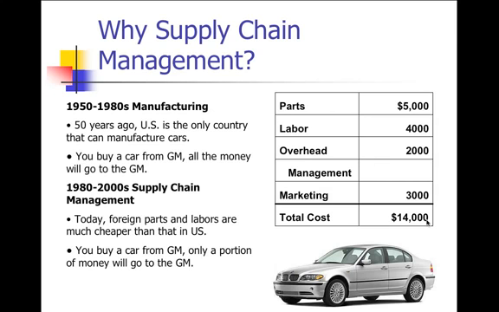The engine's coming from somewhere. The body pieces are coming from somewhere. So we can take a big, expensive, time-consuming process and make it shorter and cheaper and spread the wealth. So the concept of who owns the car: the person you're buying it from doesn't necessarily own what they're selling you.